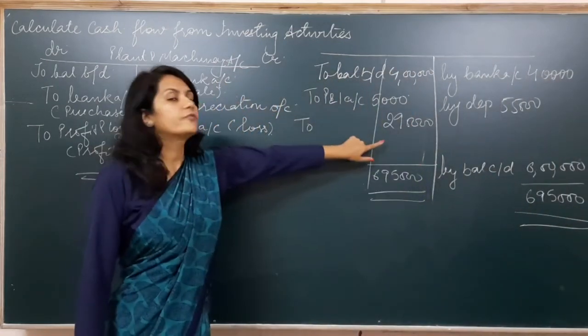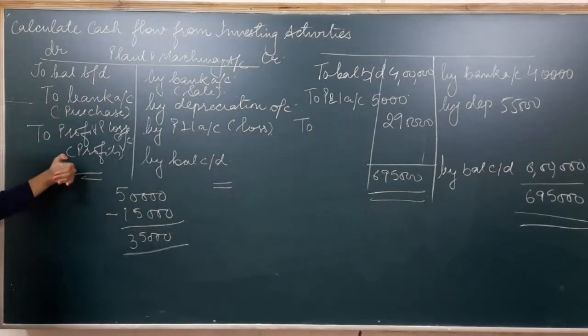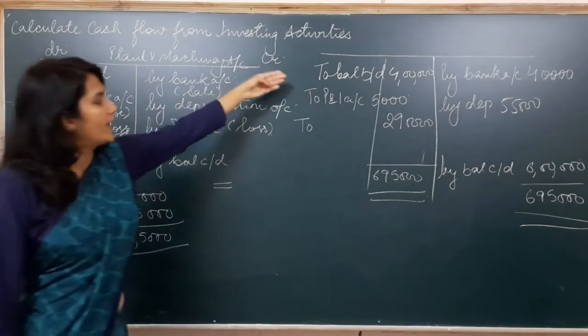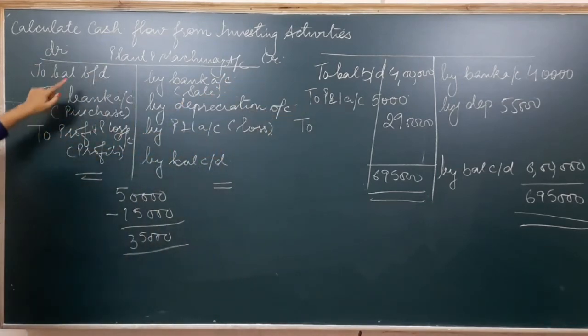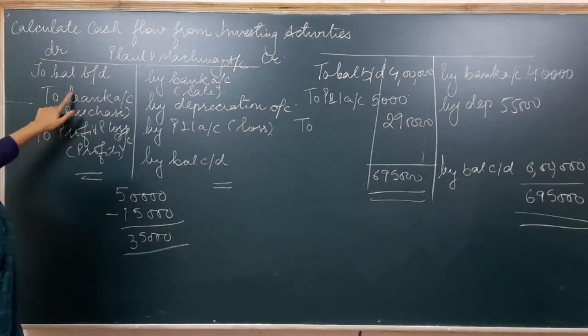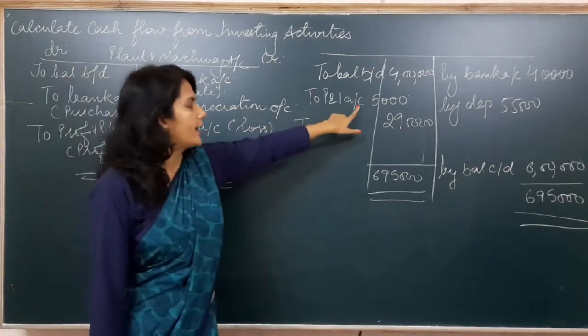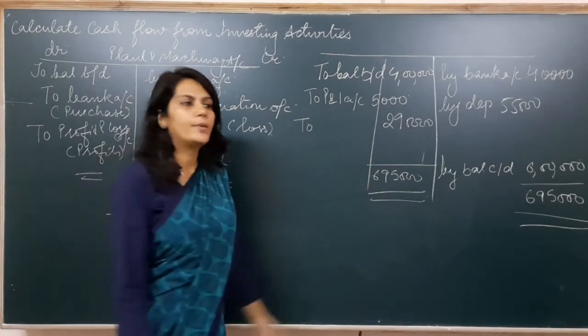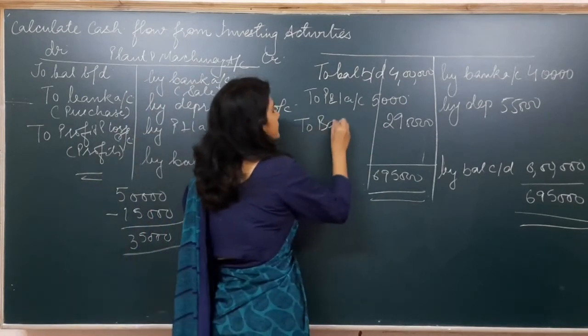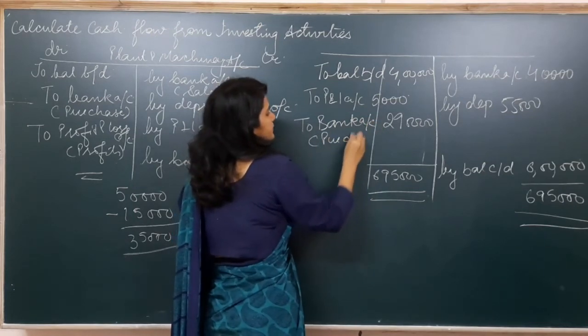Now the balancing figure is coming on the debit side. You can check from this extract which three items come on the debit side. First is the opening balance. Next is the bank, and the third is the profit. Profit we have, so this third item is purchase only. So I will write here 'To bank account, purchase'.